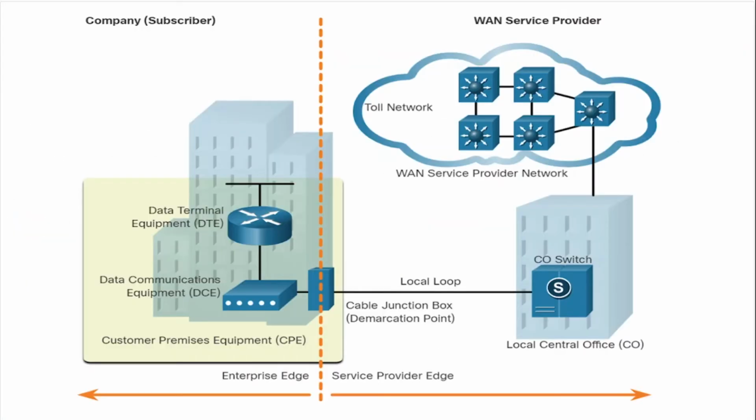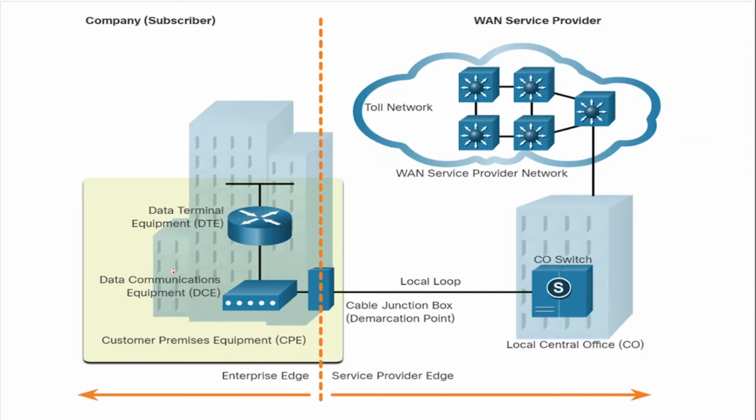If you take a look at this diagram, the DTE is actually a router, and the DCE is the CSU-DSU, the one providing a clocking signal that is connected to the local loop, or the start of the point where the customer's premises will start.